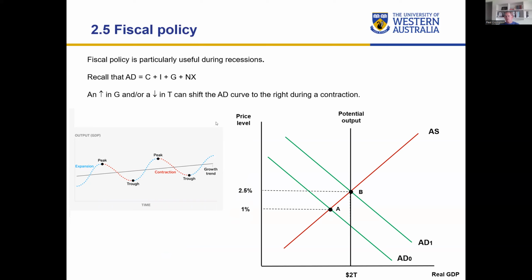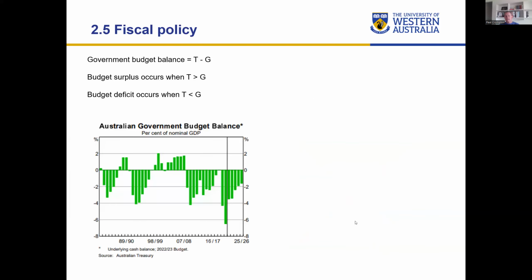And so after this recession of 1991, the government was increasing its spending, reducing its taxation to try to shift the aggregate demand curve to the right. And that was then producing these big budget deficits, which were then financed through government borrowing.